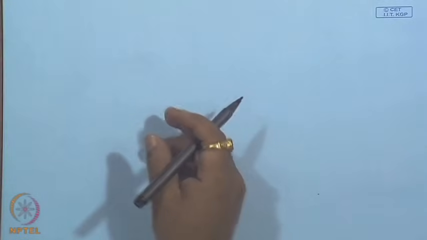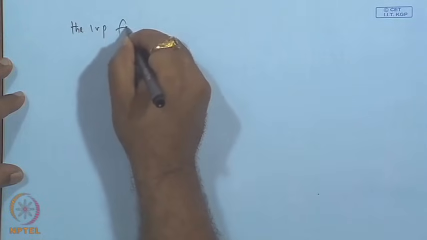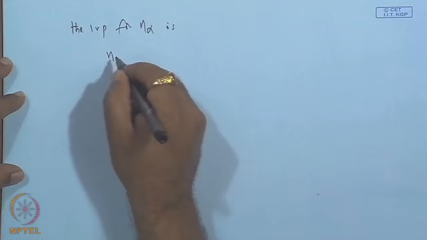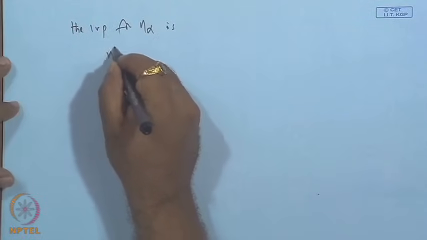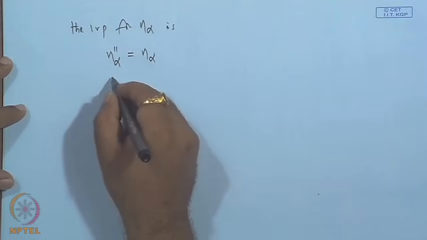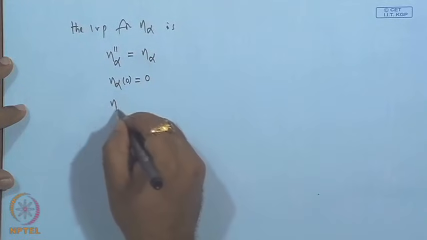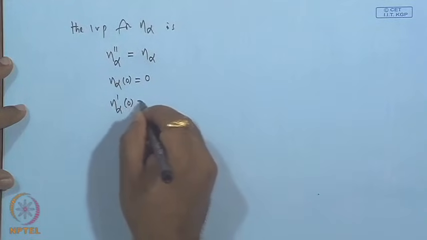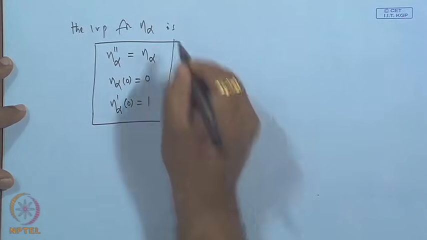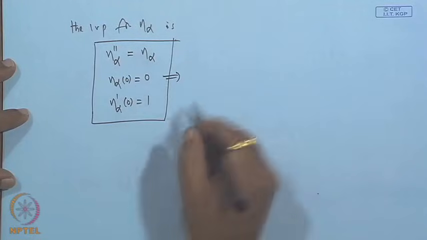So, accordingly, the IVP is eta alpha double prime is eta alpha, eta alpha of 0 is 0, eta alpha prime of 0 is 1. So, now how do we solve this?